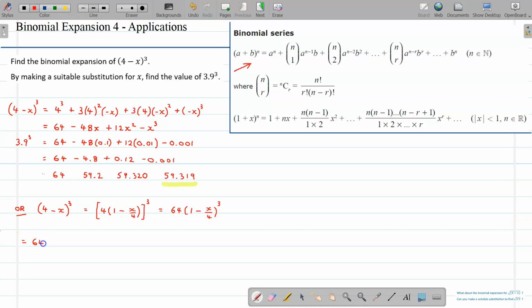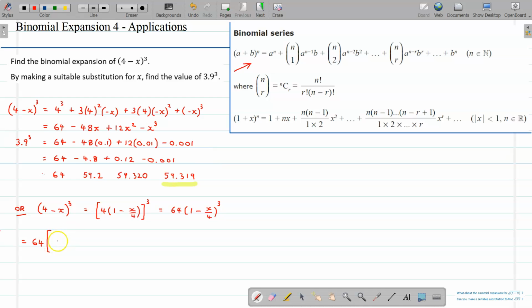And I tend to now put that 64 outside a huge square bracket. It's going to be this: 1 plus nx plus n(n minus 1)x squared over 2 factorial, and so on. In this case, when I say x, I mean negative x over 4, because I've got to match this with this.